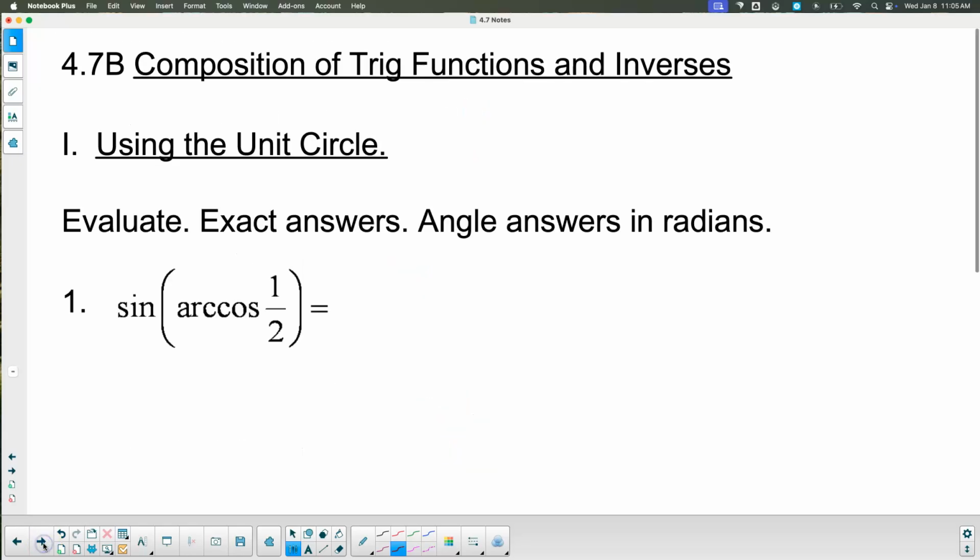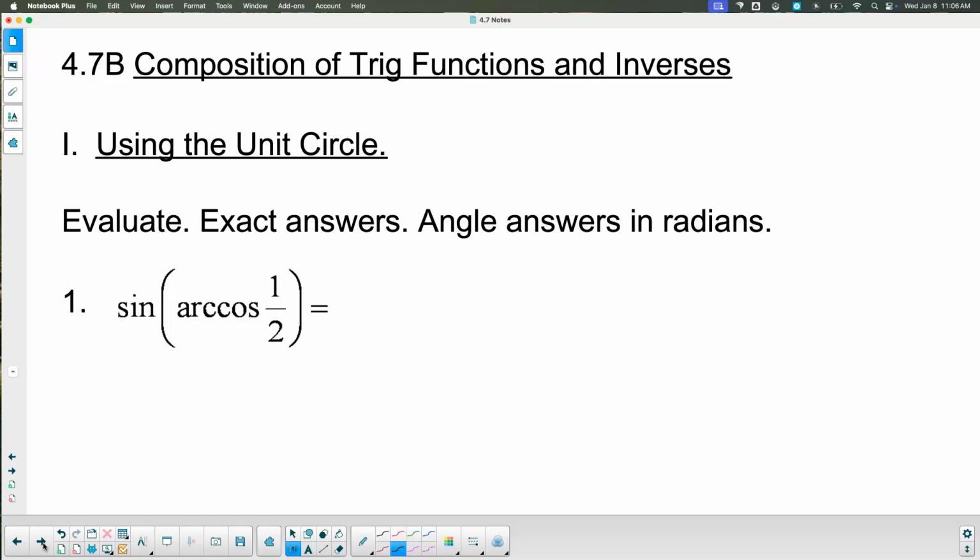Seeing or hearing none, let's jump into composition of trig functions with inverses. A composition means that you're going to have multiple trig functions going on. One of them is going to be an inverse. The inverse could come first, second, inside, outside, it doesn't matter.